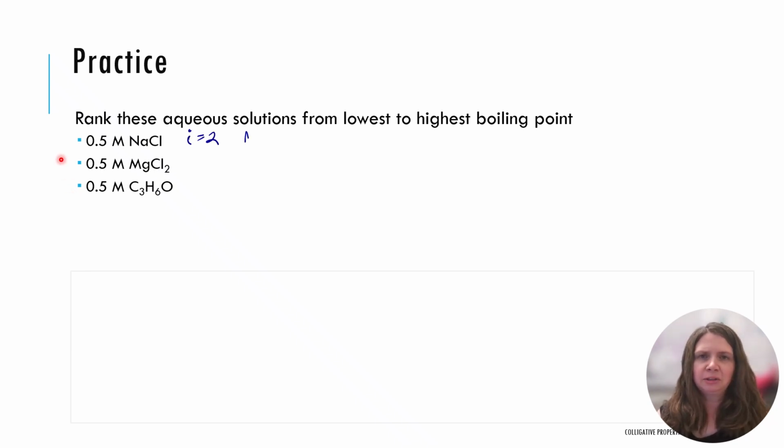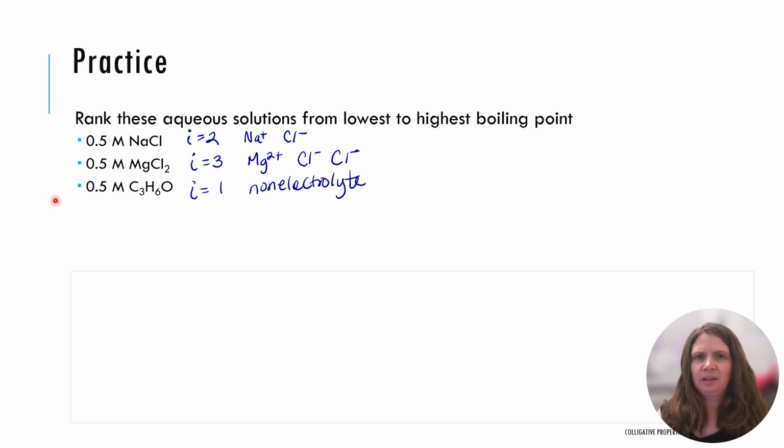Sodium chloride dissociates into 2 ions, magnesium chloride into 3 ions, and C3H6O does not ionize. Because boiling point increases with the number of particles, C3H6O has the lowest boiling point, followed by sodium chloride, and MgCl2 has the highest boiling point.